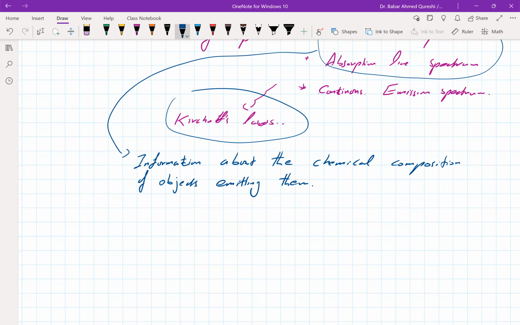Because of this, they essentially are markers of atomic structure.